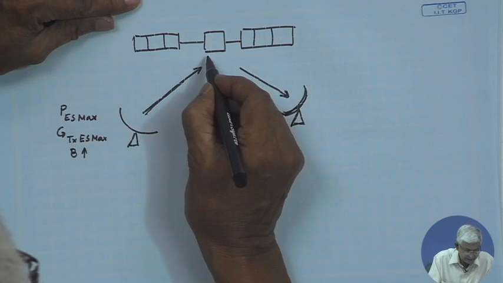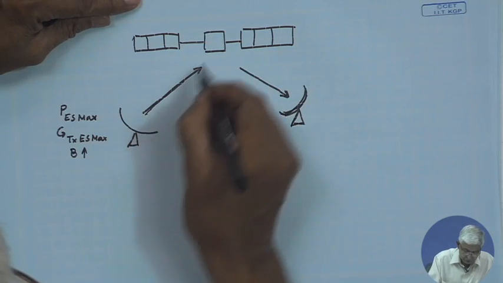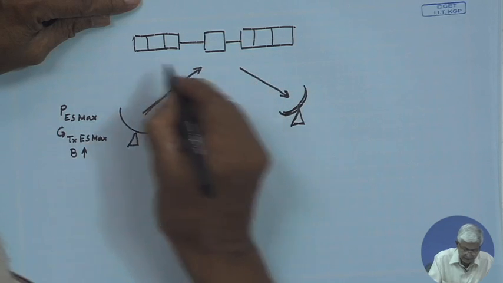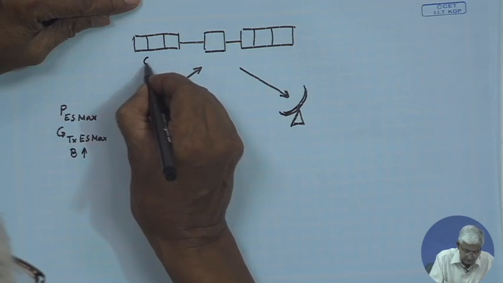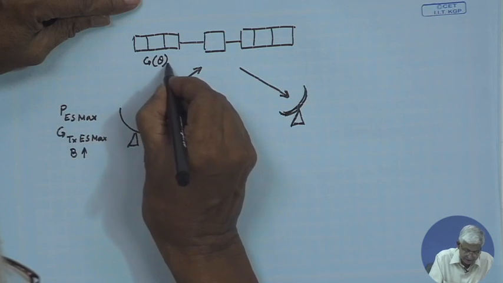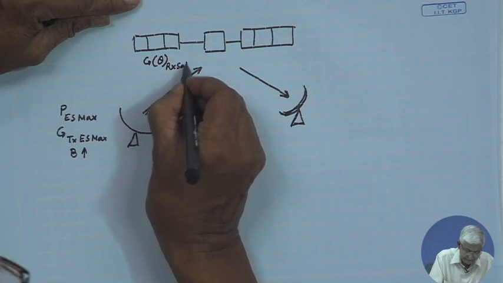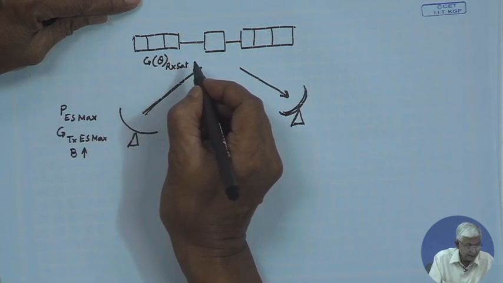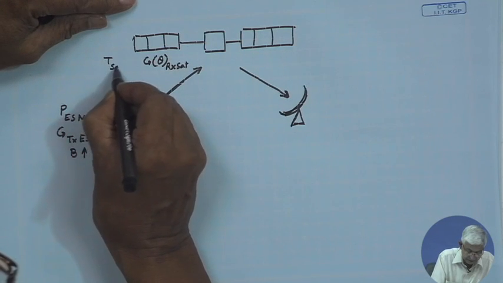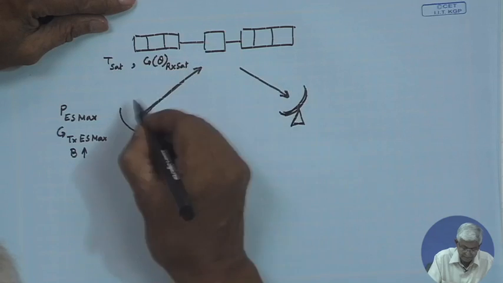And at the satellite, which is receiving from the uplink station, the gain of the antenna is reduced by theta, that is the received satellite gain, and of course, there is the system noise temperature of the satellite.